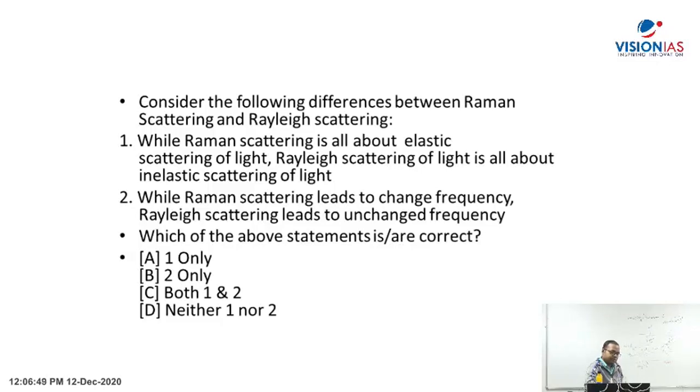It happens due to excited electrons. Right. It is an inelastic scattering. Why? Because scattered and incident photon will not have the same frequency, just the opposite of elastic. It is an inelastic scattering.